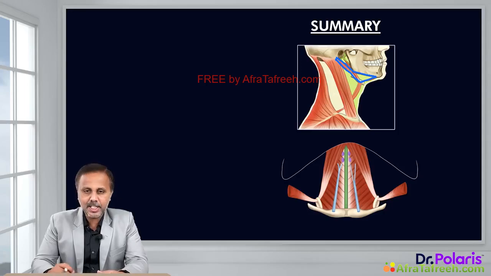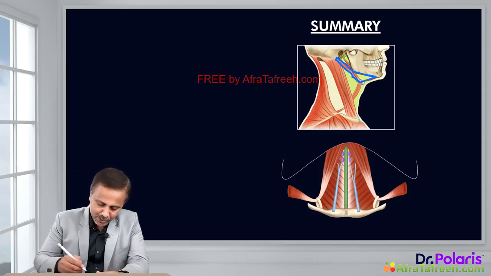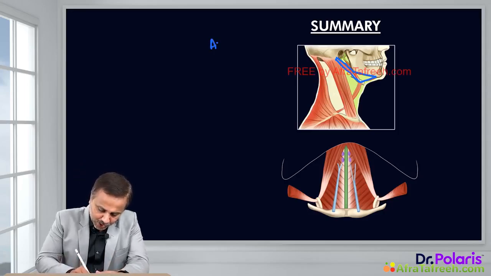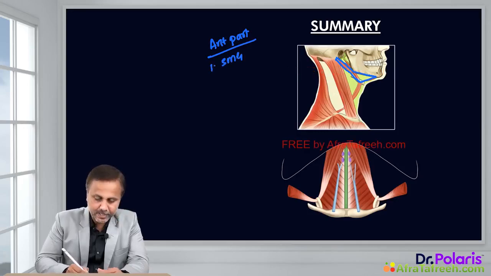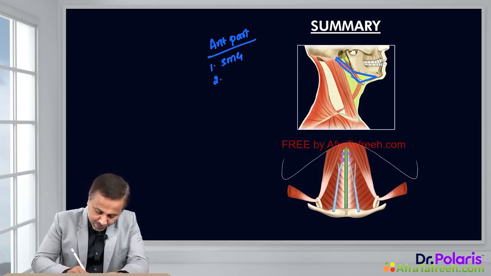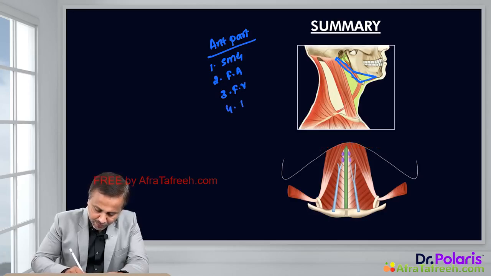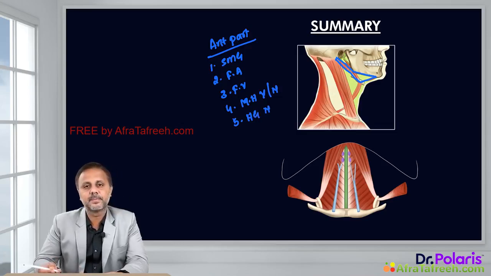The anterior part contains 5 important structures. So what are the structures present in the anterior part? We have the submandibular gland, then the facial artery, then the facial vein, then the mylohyoid vessels and nerves, and finally the hypoglossal nerve.